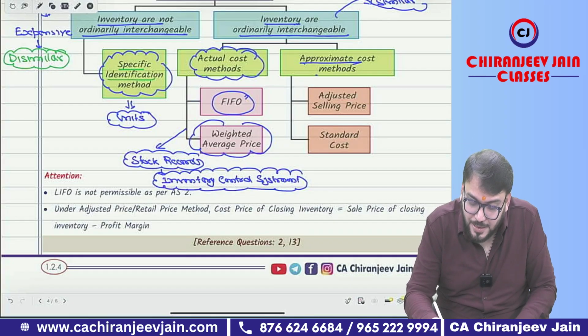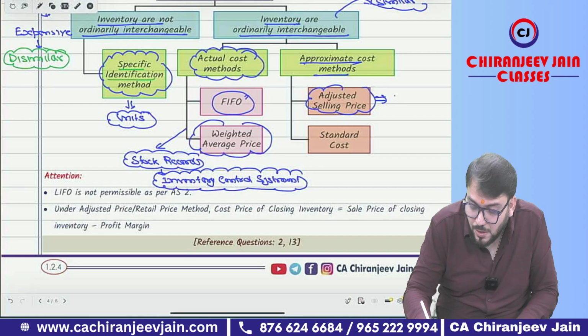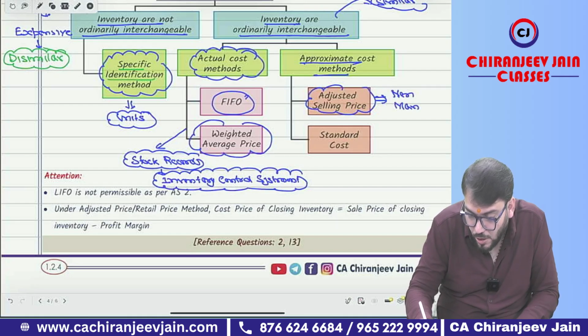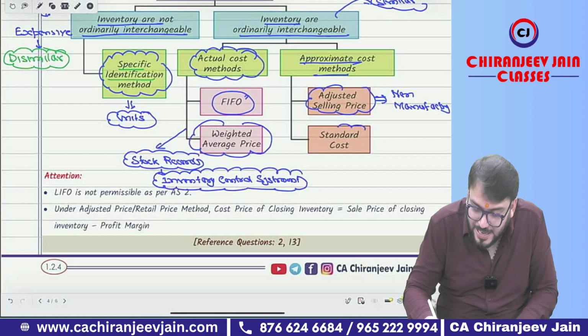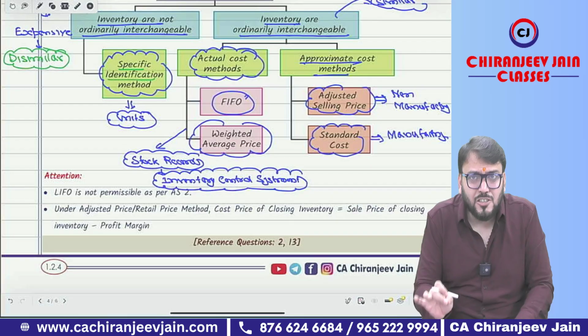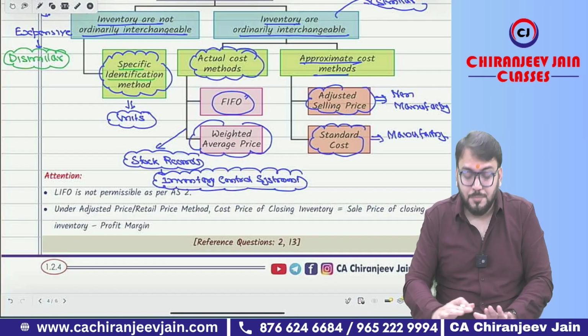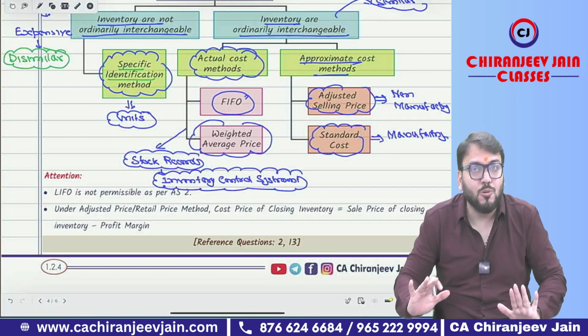First, they have given the adjusted selling price method for non-manufacturing business, and second, standard costing for manufacturing business. Only keep these terms in your mind, because an MCQ question can be asked from this.